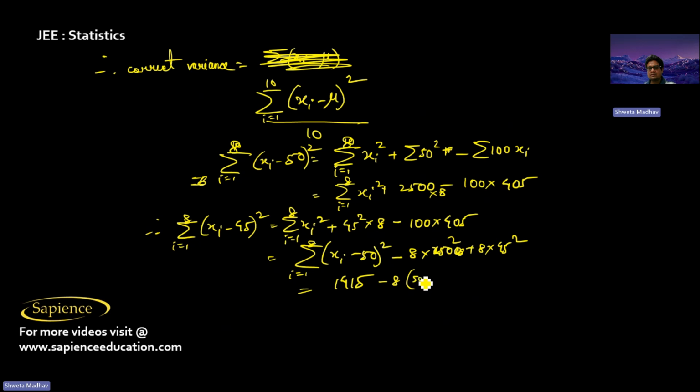So it is (50 plus 45) into (50 minus 45), which is 5. It's 1415 minus 40 into 95.